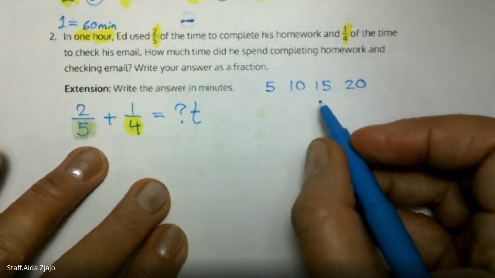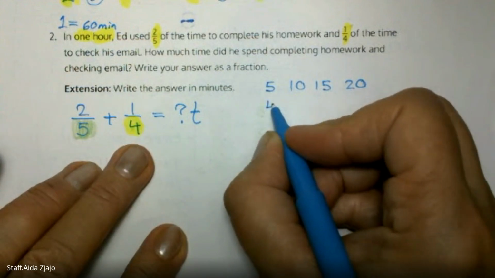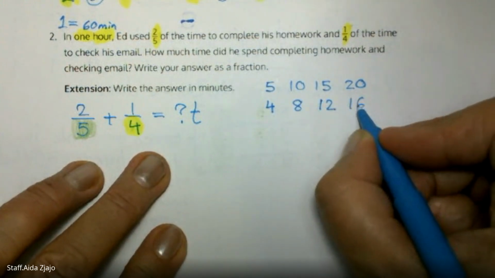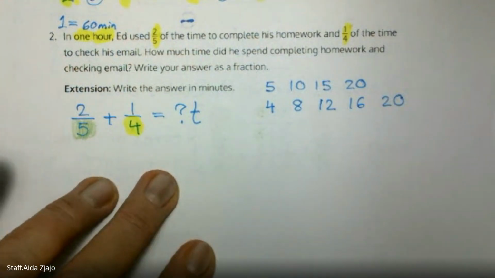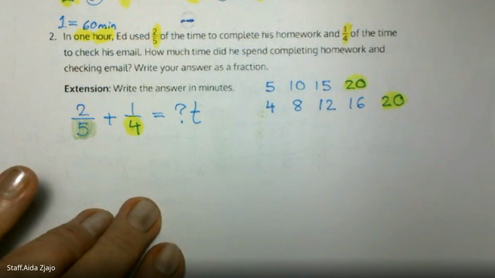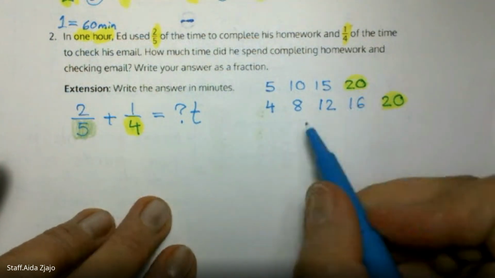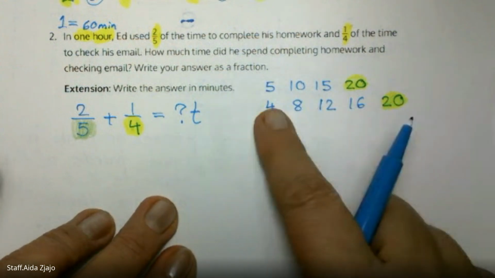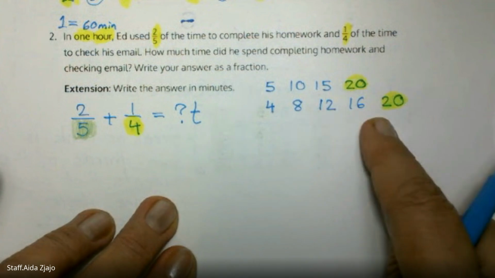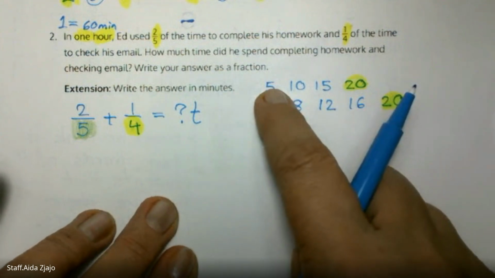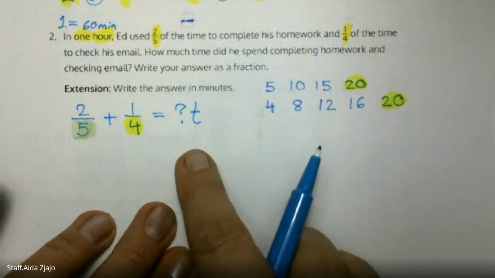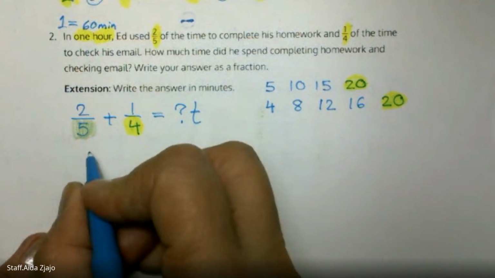Then if I skip count by 4: 4, 8, 12, 16, and 20. I can figure out that I can change both into fractions of 20ths. So how I know this is 4 times 5 makes 20, and 5 times 4 makes 20.